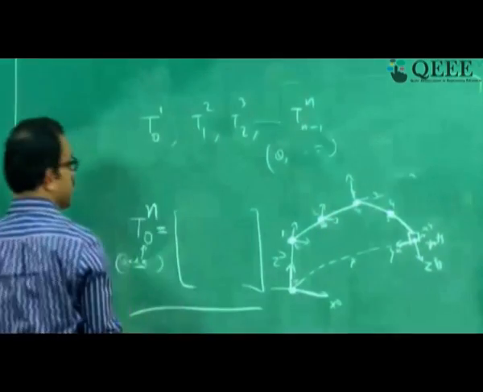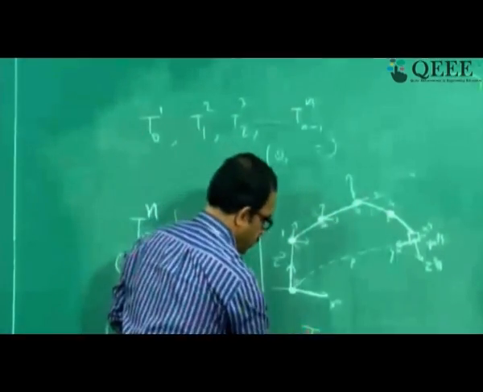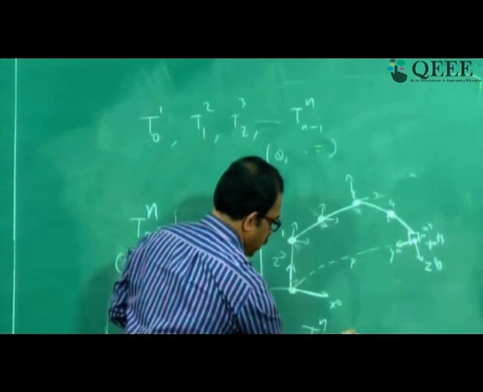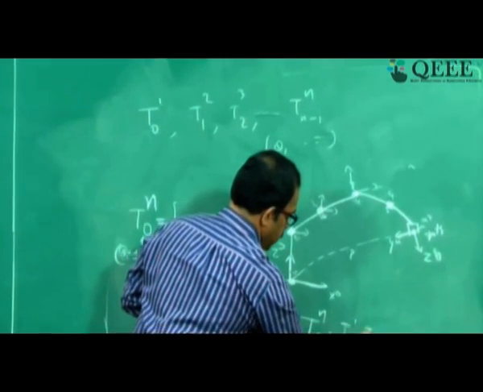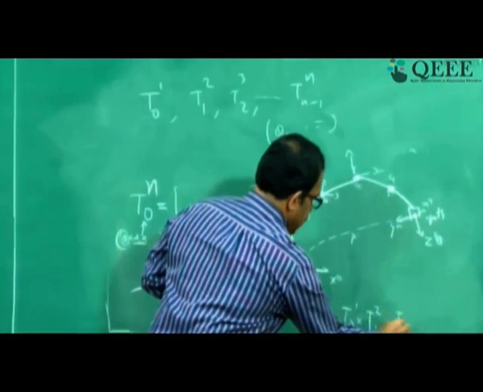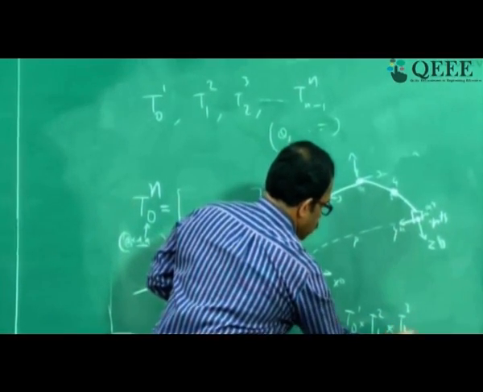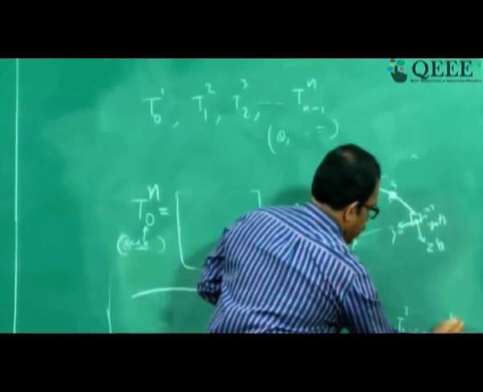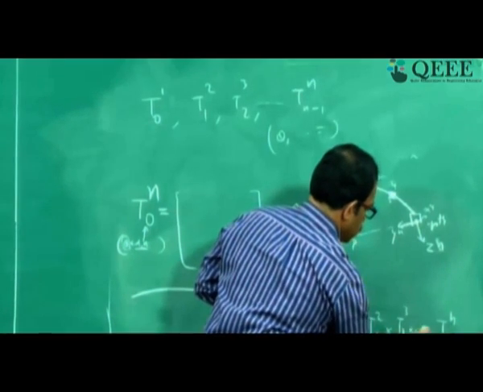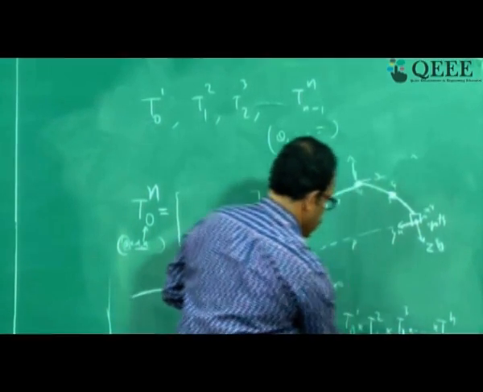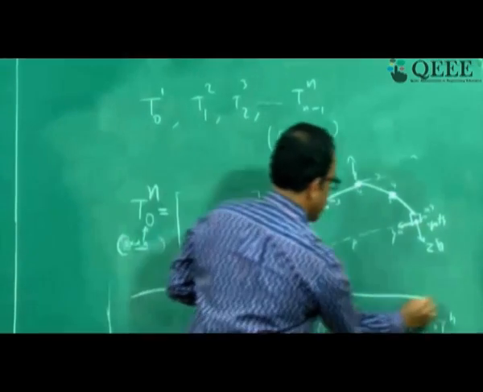And then finally I write T n to 0 as T1 to 0 multiplied by T2 to 1 multiplied by T3 to 2 etc., up to Tn to n minus 1. So this will be the relationship I will be developing.